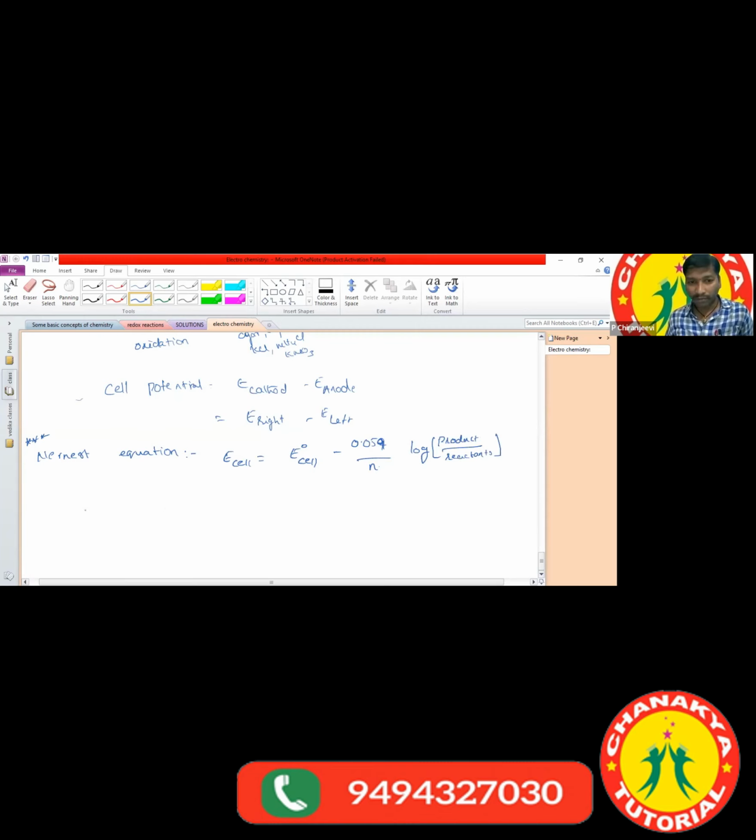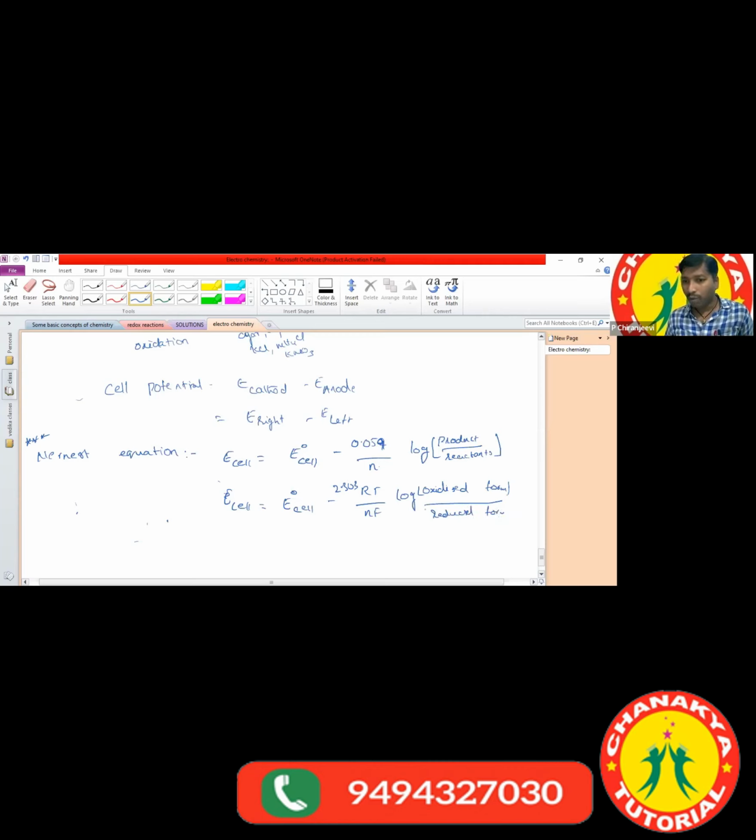The full formula is: E cell is equal to E0 cell minus RT by nF times 2.303 log of products by reactants. This we can also write as oxidized form by reduced form.